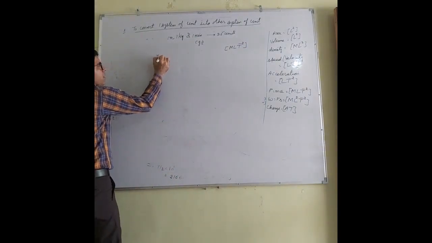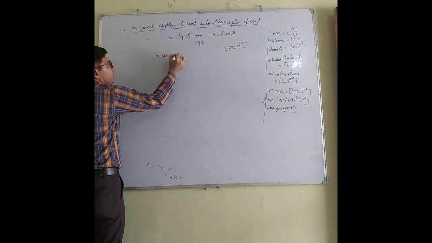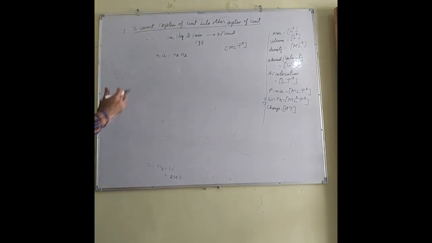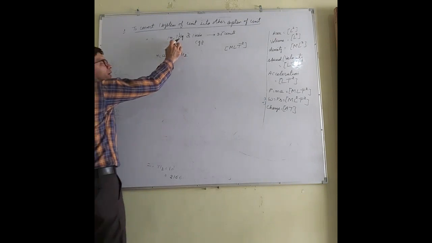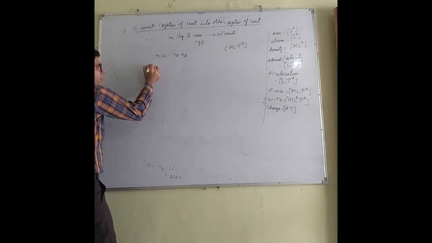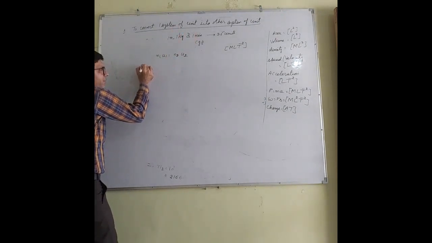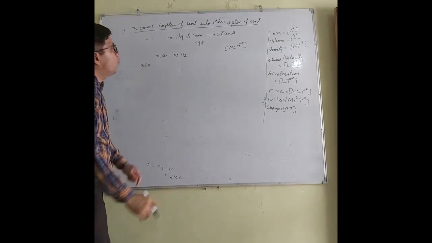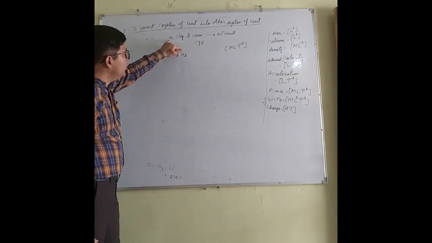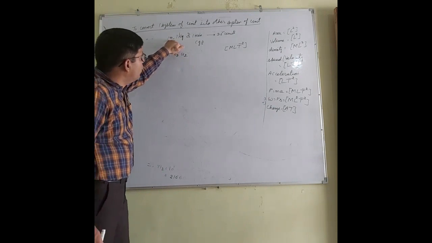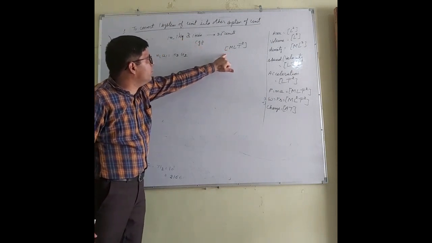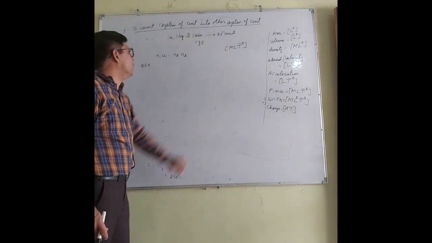N1 U1 equals N2 U2. What am I being told? 36 units in this system, so let me write 36 units in this system. And what is U1 here? In U1, 1 meter is the unit of length, 1 kilogram is the unit of mass, and 1 minute is the unit of time.